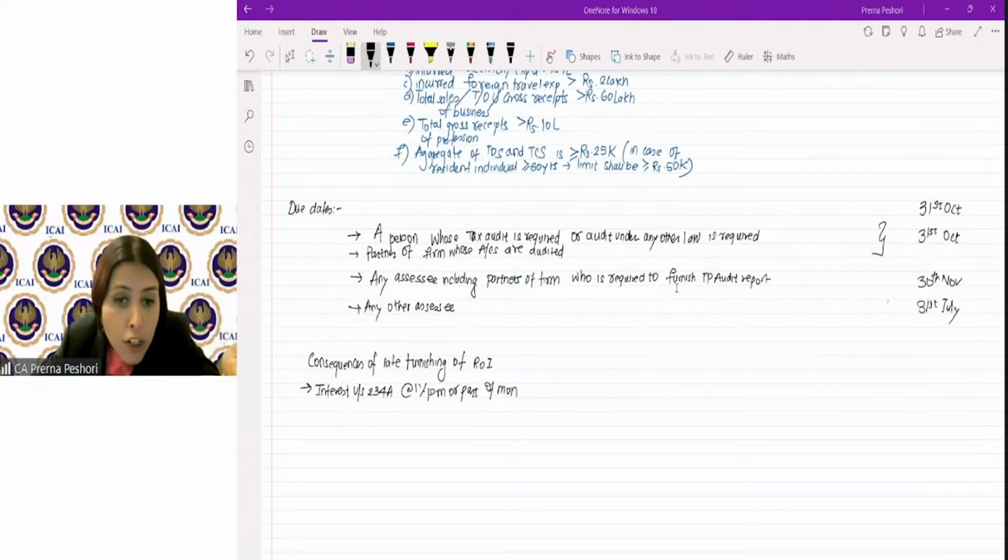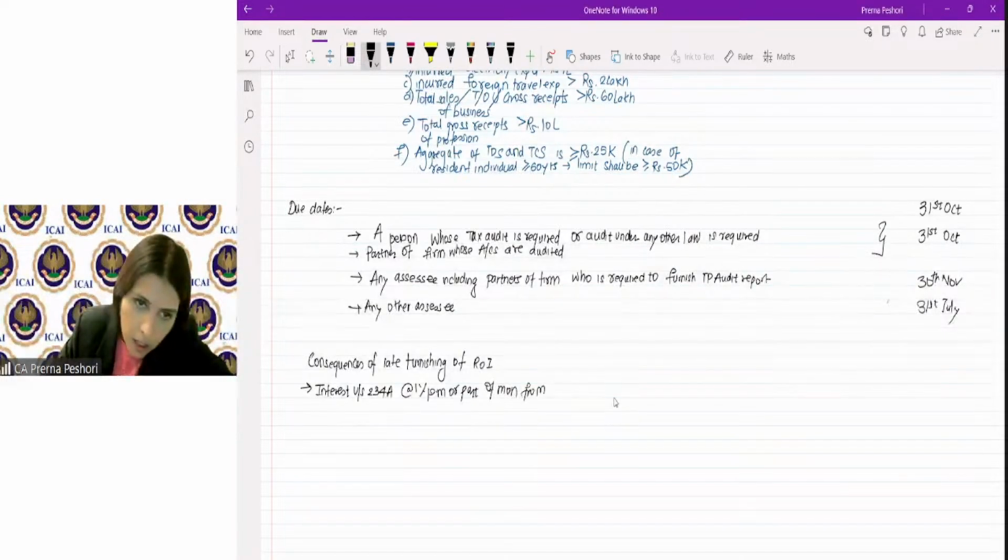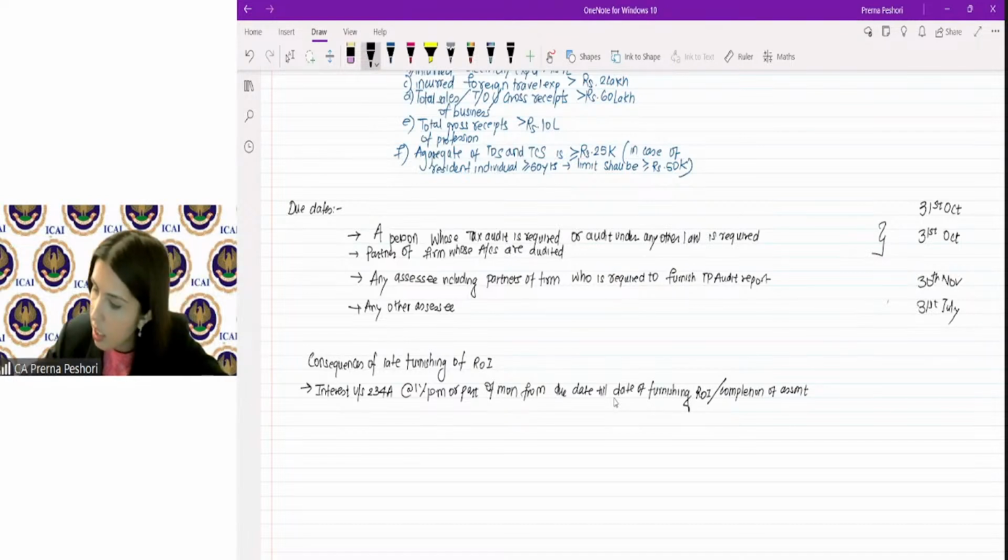And if you do not furnish the return of income, then till the date of completion of assessment. So 1% per month from due date till date of furnishing the return of income or completion of assessment.